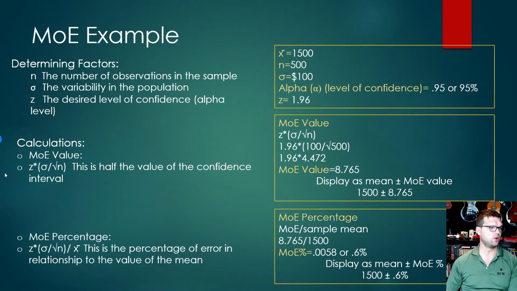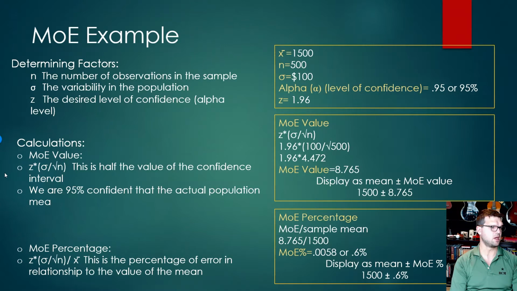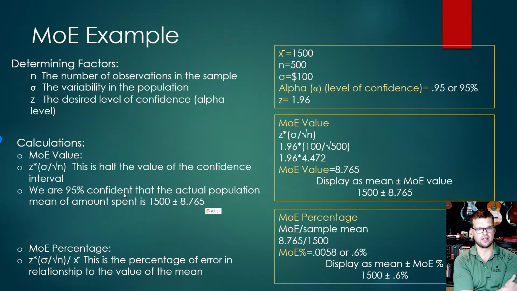The way that I would interpret this is that we are 95% confident that the actual population mean of amount spent is $1,500 plus or minus 8.765. So that's the way that we would interpret it.